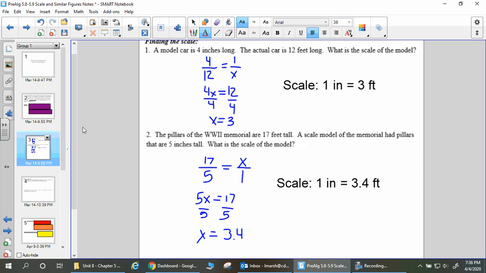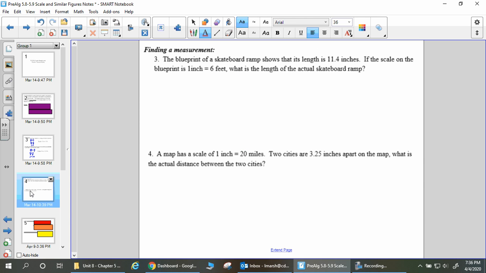Okay, so this was finding the actual scale. In these problems, we're going to find an actual measurement. In the problem, they're going to provide you with the scale. So for example, in number 3, the blueprint of a skateboard ramp shows that its length is 11.4 inches. If the scale on the blueprint is 1 inch equals 6 feet, what is the length of the actual skateboard ramp?